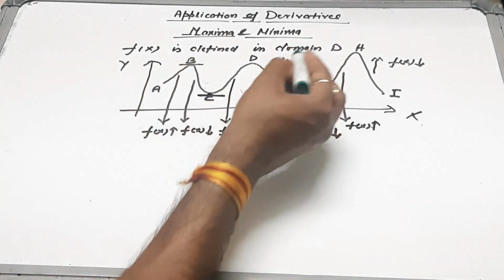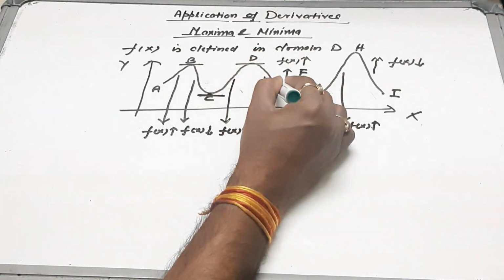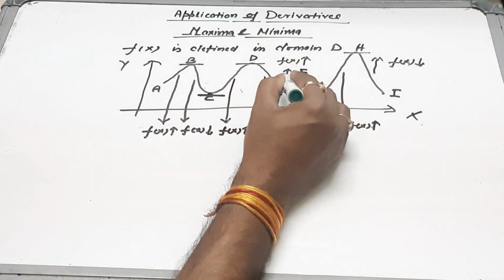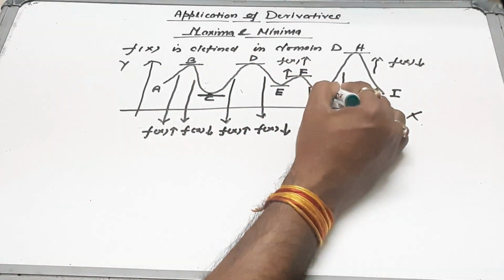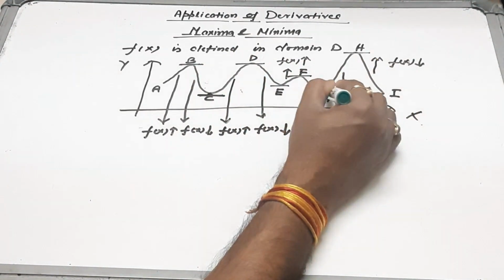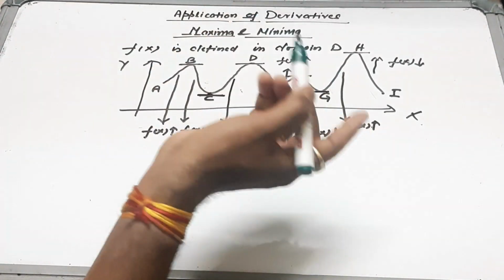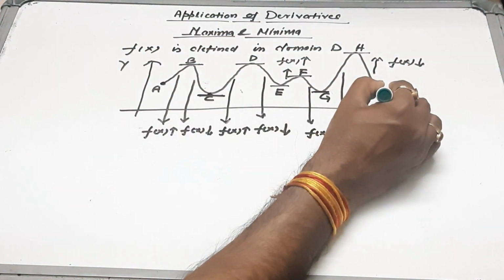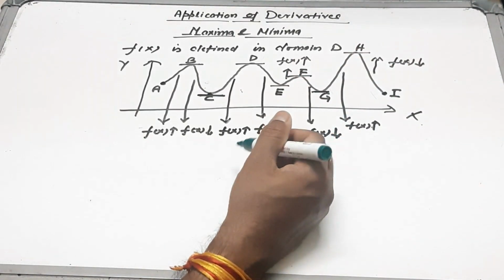So there are so many maxima points here, and similarly there are so many minima points, correct? And two more points are considered, that is the initial point and the final point, correct?